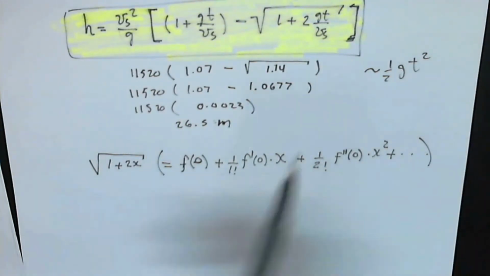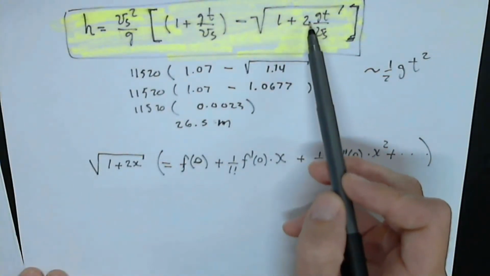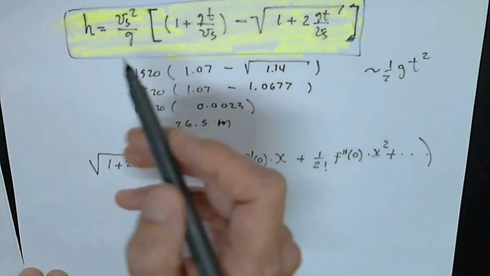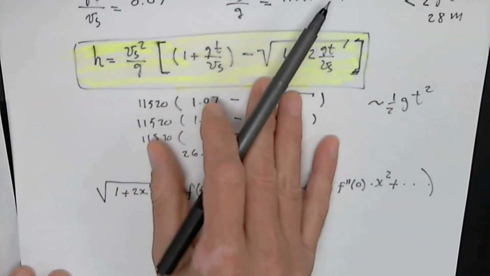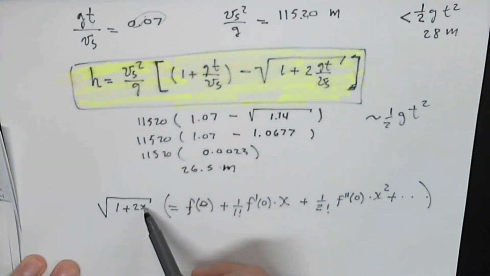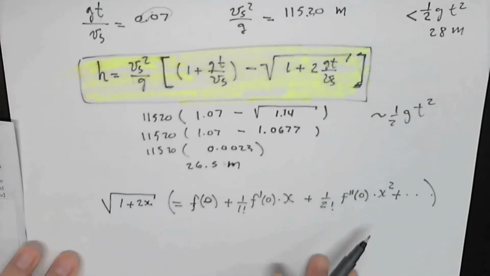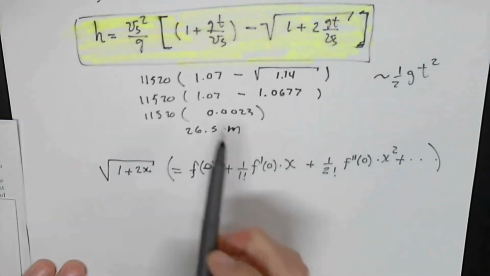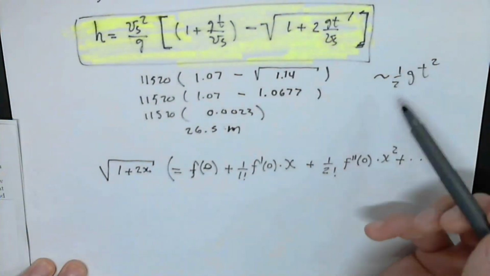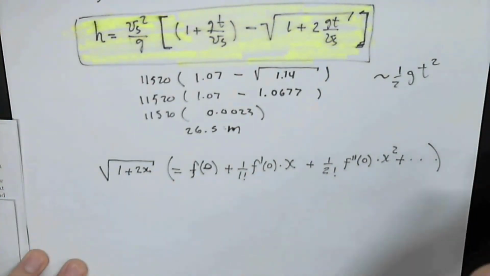So we are going to Taylor expand this square root function over here, because remember gt over bs is small, so we consider that x is small, so we could Taylor expand around x equals 0 and transform this equation into something that makes more sense, like 1/2 gt squared.